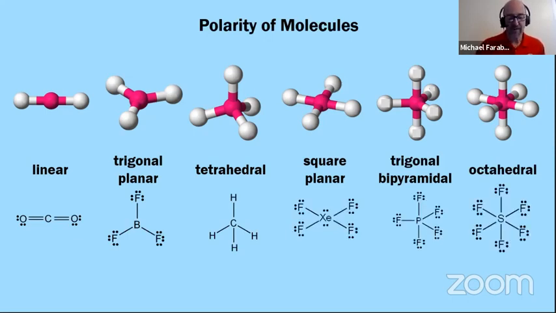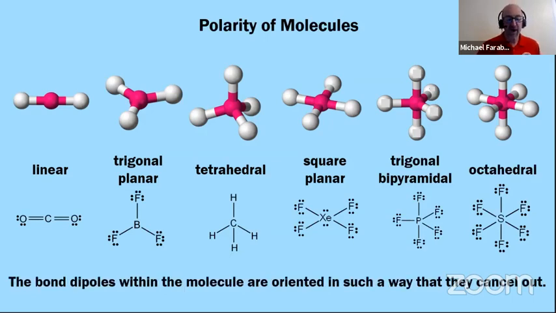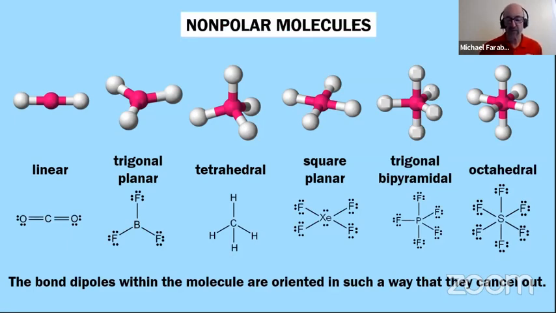Since the terminal atoms are the same and the dipoles are arranged symmetrically around the central atom, the bond dipoles within each of these molecules are oriented in such a way that they cancel out. So each of these 6 molecules that I'm showing you is classified as nonpolar. Again, because of symmetry would not be a sufficient answer. Because the bond dipoles are oriented in such a way that they cancel out is a more complete explanation of why these molecules are nonpolar.